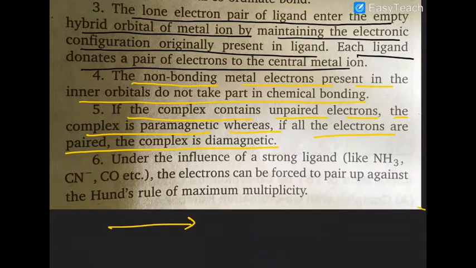You have to understand that there are strong ligands. Under the influence of strong ligands like ammonia, cyanide, carbon monoxide, any pi ligand, or EDTA, the electrons can be forced to pair up. So a strong ligand will force the electrons of the metal atom to pair up.